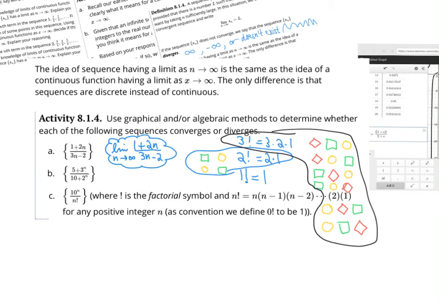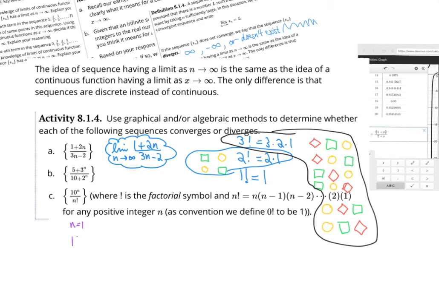All right, now that we've talked about what factorial means, let's figure out a strategy to answer a question like this. My hint is to consider the following. Let's say you plug in different n values to try to understand how this behaves.